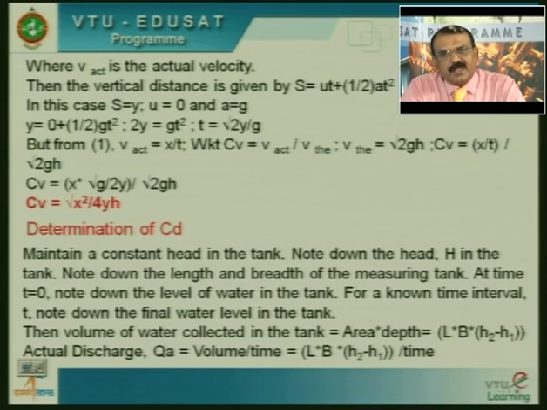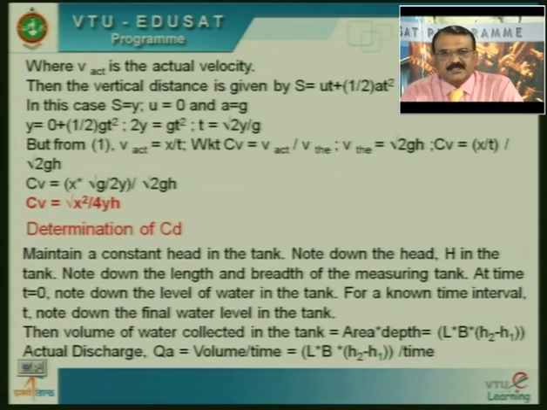It is acceleration due to gravity. Therefore, I am going to replace this a by g. If you do that, the equation s is equal to ut plus half at square reduces to y is equal to 0 plus half gt square. If you simplify that, you are going to get 2y is equal to gt square, or t is equal to root of 2y under g.